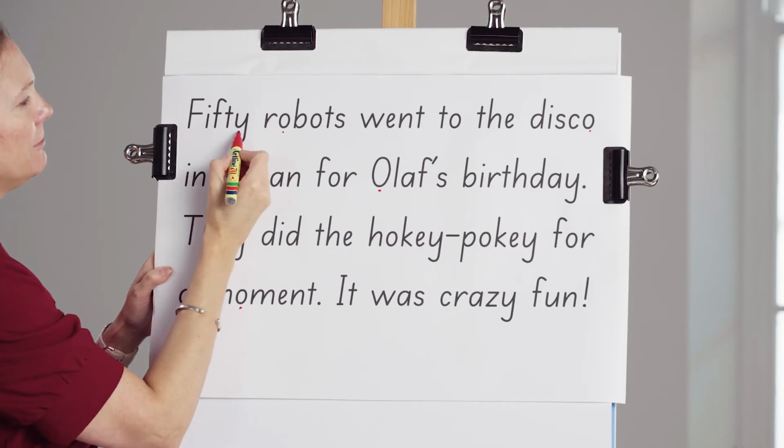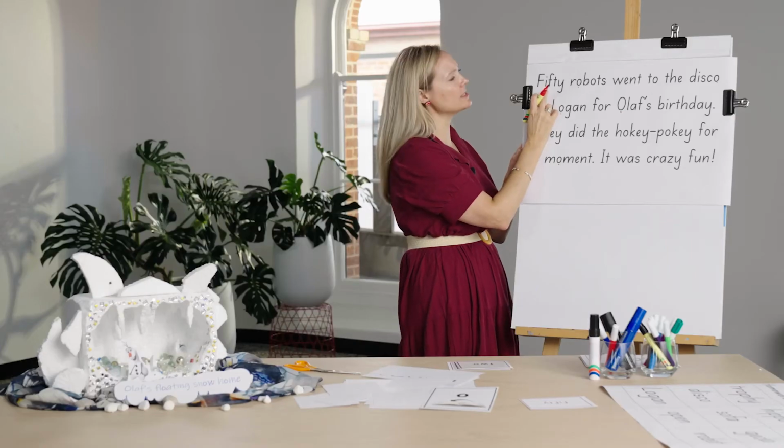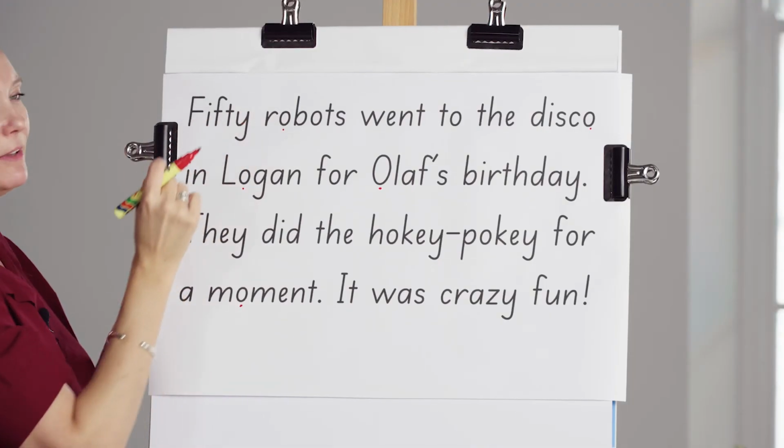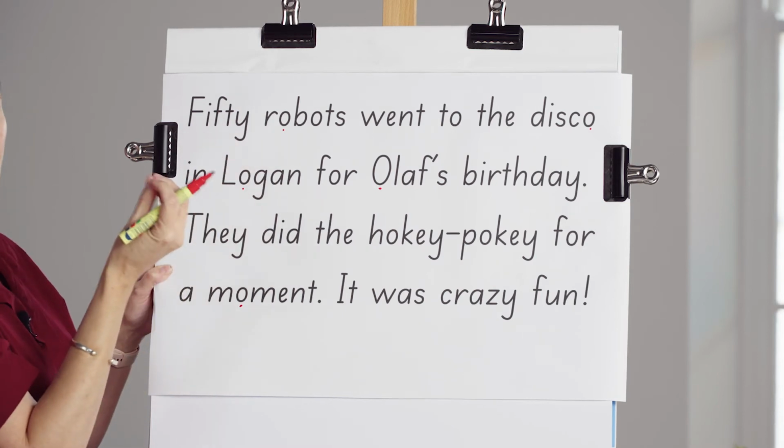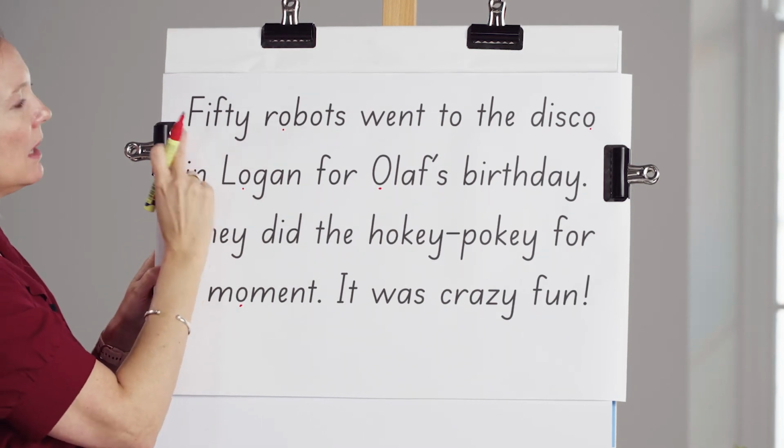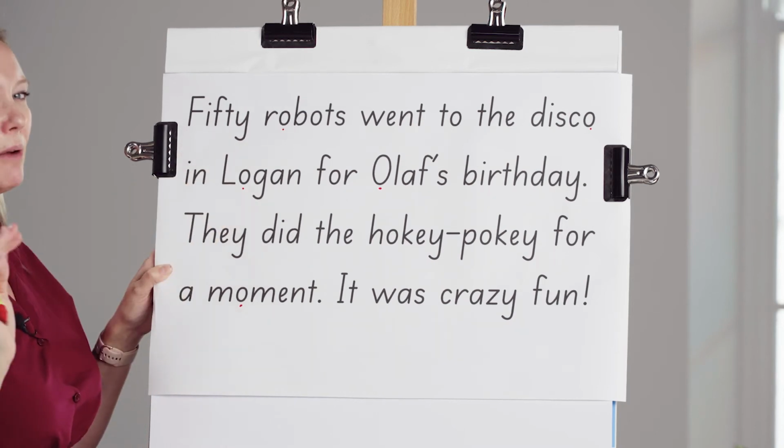50. That's an interesting word because often when we have a short vowel followed by a consonant like F or S, we double it. But here in 50, it's a little bit irregular.